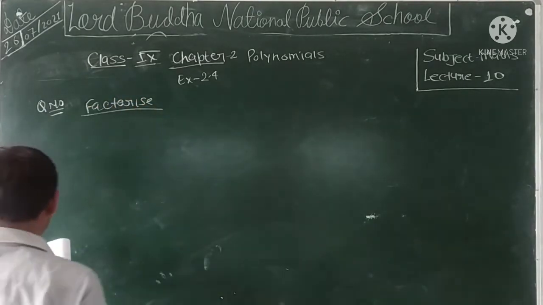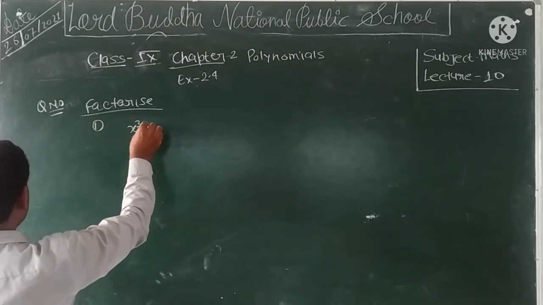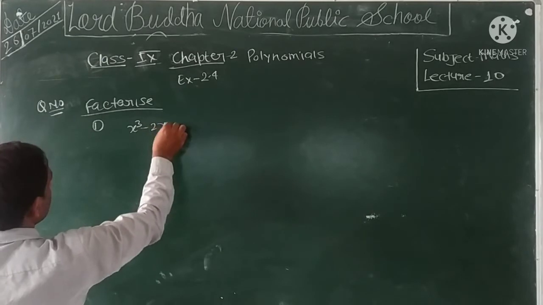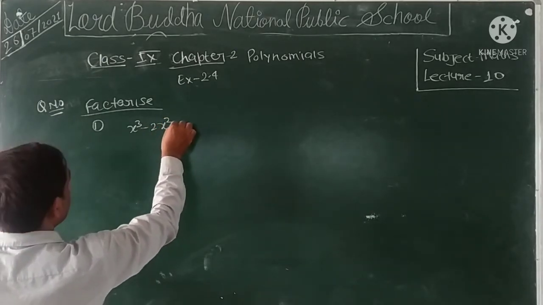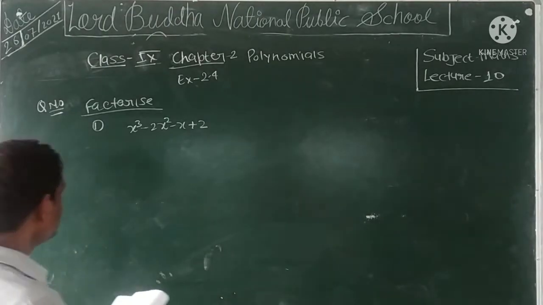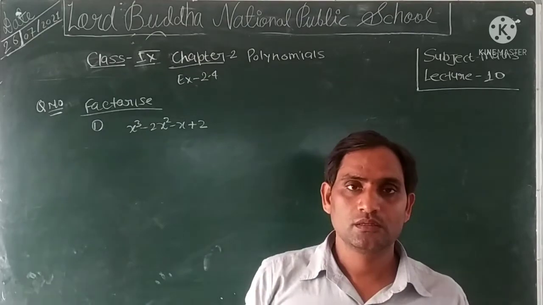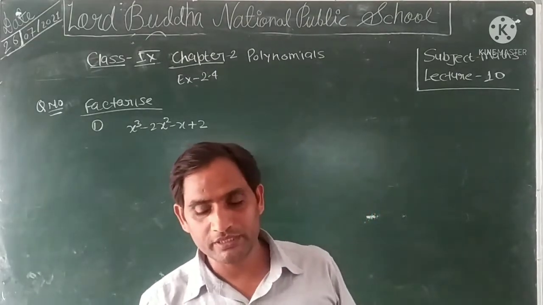The first part is x cube minus 2x square minus x plus 2. Okay? This is a cubic polynomial.